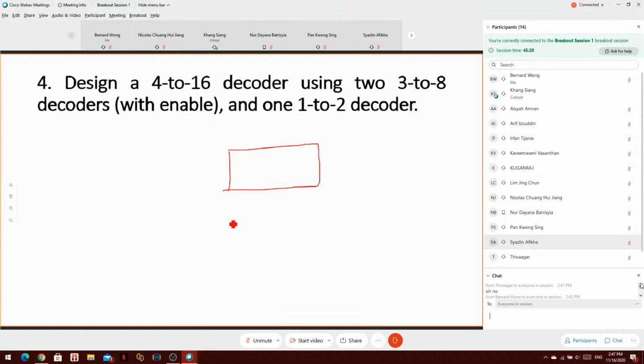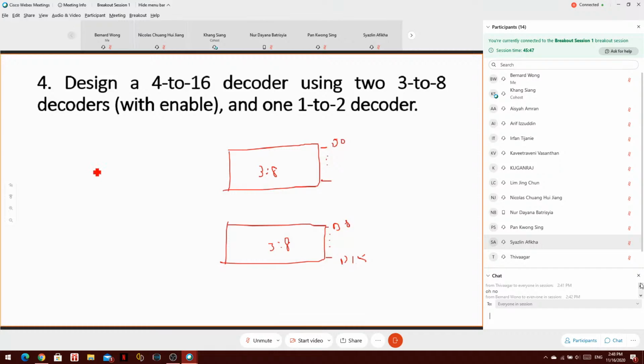So it should be this one, a 3 to 8 decoder, don't mistake that thing. You should have something here, D0, and then this one is D8 to D15.